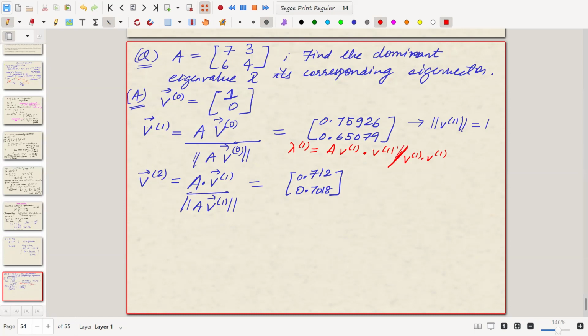That will be just 1, because V1 is a unit vector and the dot product of a unit vector with itself is 1. So the denominator is 1, and lambda 1 is nothing but A V1 dot V1. This will be a number, right? Because you are taking dot products, and dot products always return a scalar. It never gives you a vector. Can you tell me, what is A V1 dot V1?